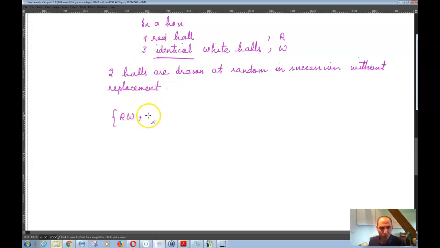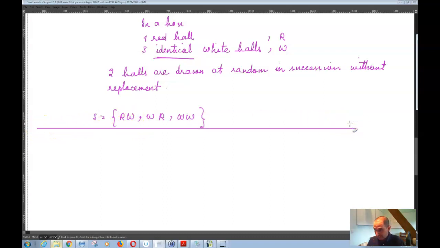Or you might get one of the white ones and then the red one, or you might get 2 white ones. That is your sample space. Okay, so that's number 9.